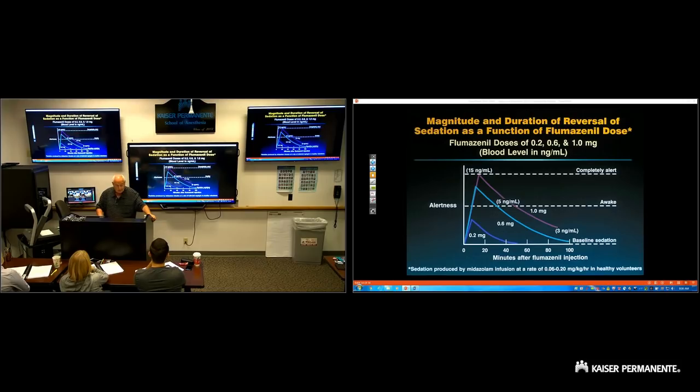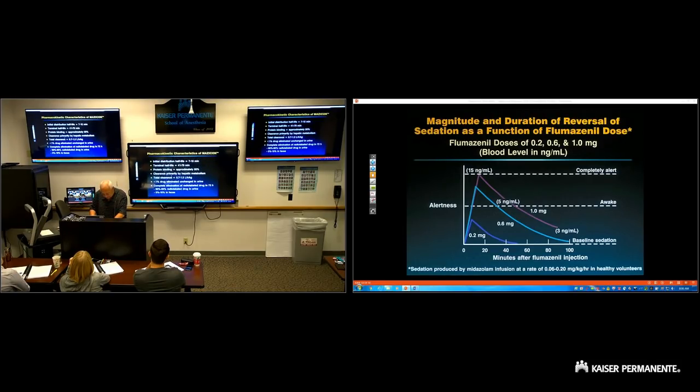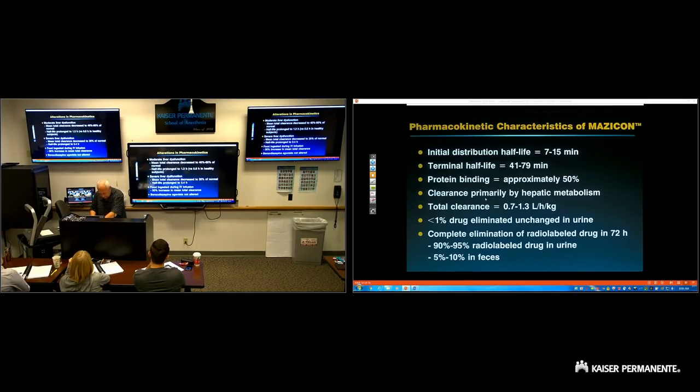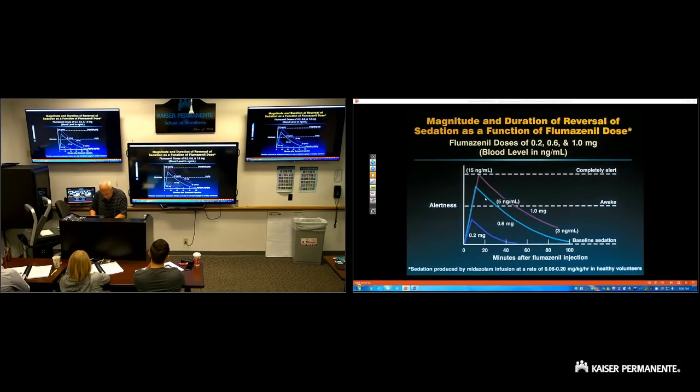And here's 3 different doses. They're just trying to show you that the more you give it, the longer it lasts. This is their baseline level for alertness. If they gave 0.2 milligrams, the patient is never going to be real alert, but they'll be a little bit reversed. Gave 0.6 milligrams. Sorry. Then they get up here.